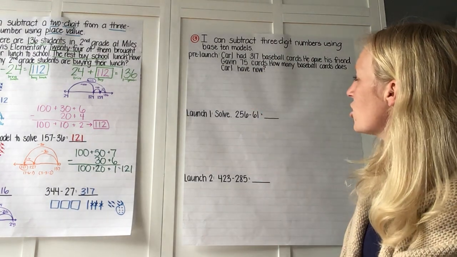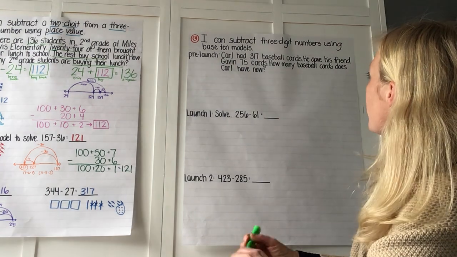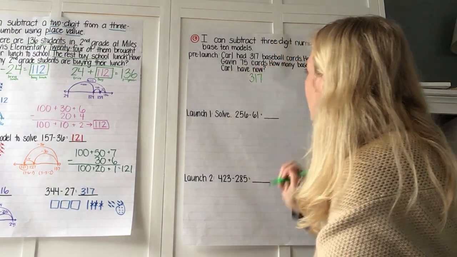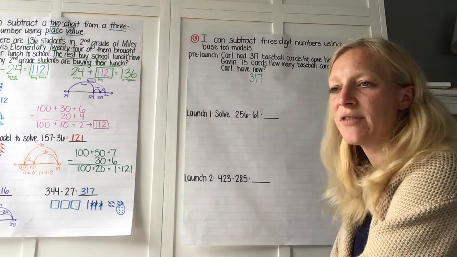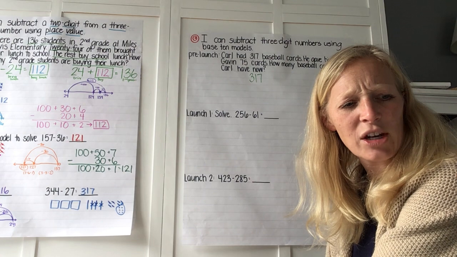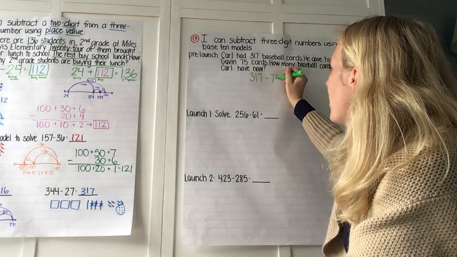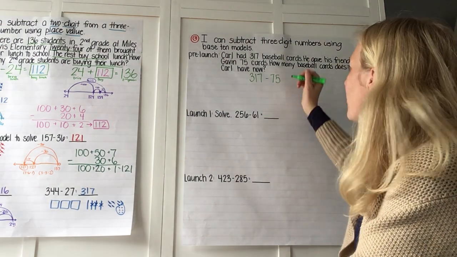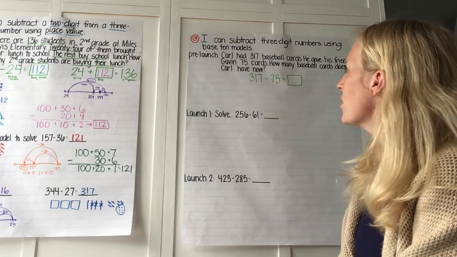So this pre-launch says, Carl had 317 baseball cards. 317. He gave his friend Gavin 75. How would I show that in my equation? Right, I'm going to give away 75. How many baseball cards does Carl have now? Well, what can we do to help us solve this work?